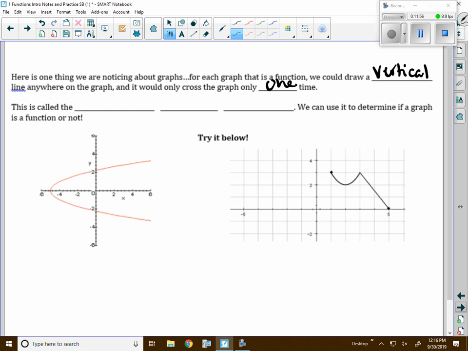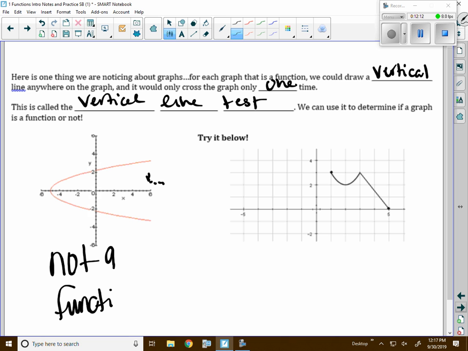We already know it's called the vertical line test. So this first one, is it a function? Nope, not a function. What about this one? Yep, that's a function. It passed the vertical line test.